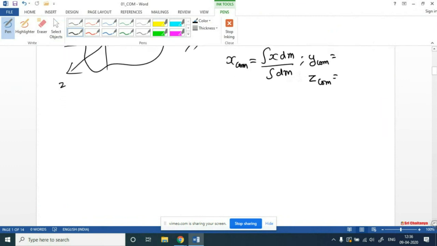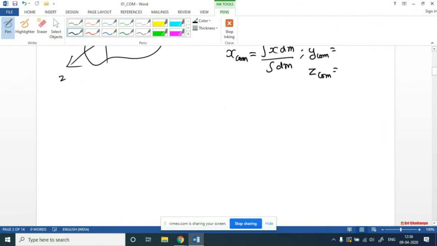Another important thing I would like to mention is symmetry. When we are to find the center of mass of a regular symmetric body, it is sometimes easier for us. Since the position of the center of mass depends upon the mass distribution, if we can find some plane of symmetry, or line of symmetry, or point of symmetry, it would be even better.